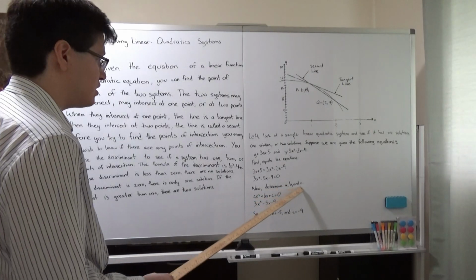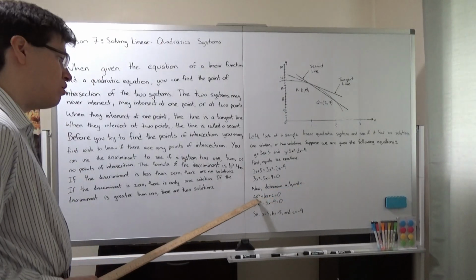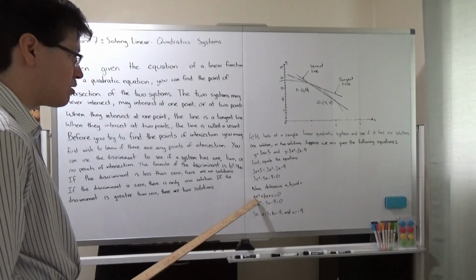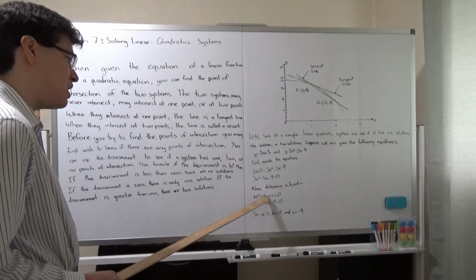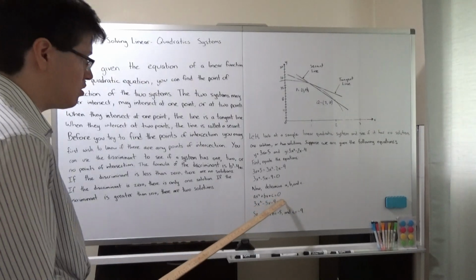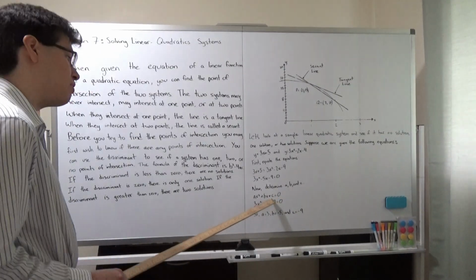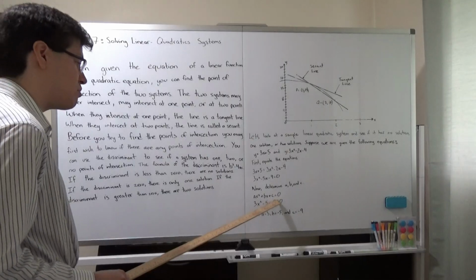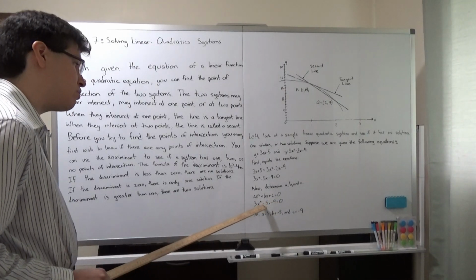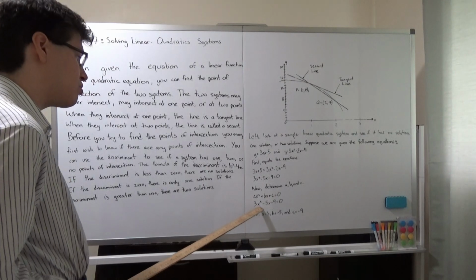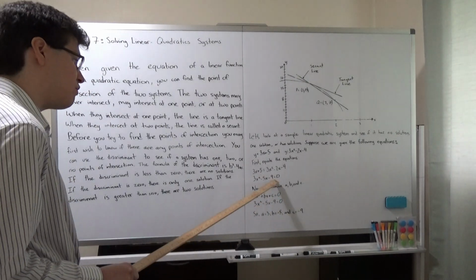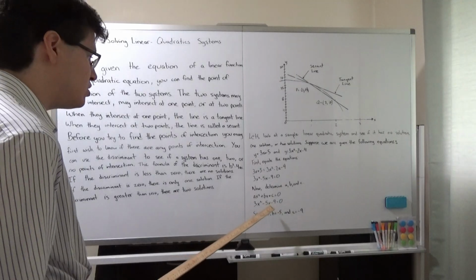Next, determine a, b, and c. As you recall, this is the standard form of the quadratic equation, with a being the coefficient of x squared, b being the coefficient of x, and c being the constant term. We will use these to determine the discriminant. We have our equation, 3x squared minus 5x minus 9 equals 0.